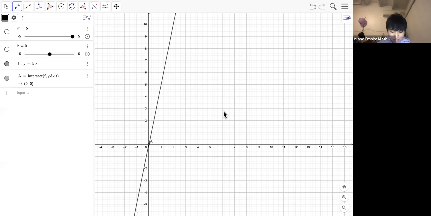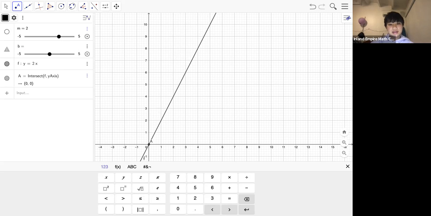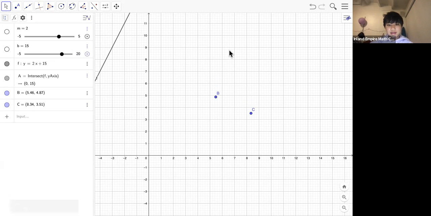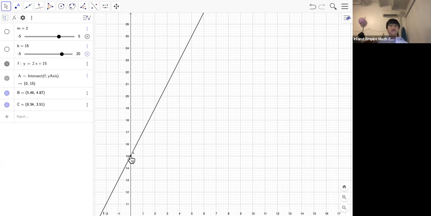If we remember the equation, it was 2x plus 15, so m equals 2 and b equals 15, then we get this equation, this line. And this line right here is similar to the line that we did before.